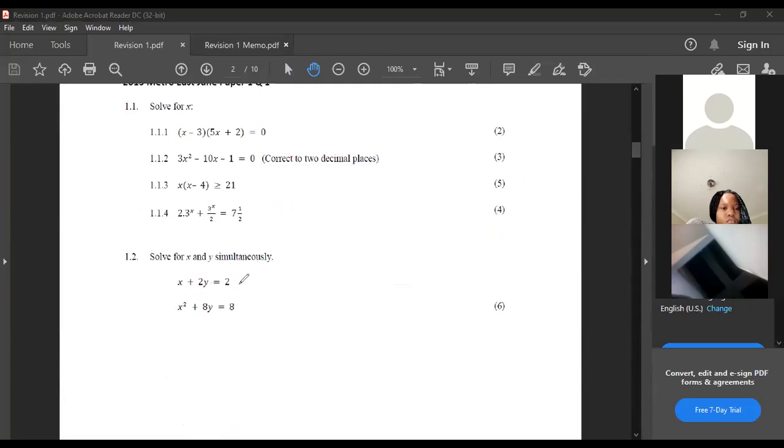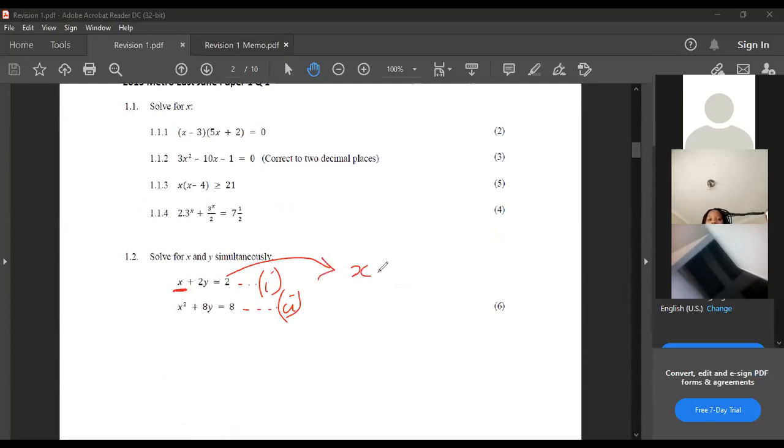If this is equation 1 and this is equation 2, from equation 2 I can see that there's x squared, then there's 8y. It will give me fractions and it's complicated. From equation 1, I can make either x or y subject, but x has a coefficient of 1, so it's best to make x subject.